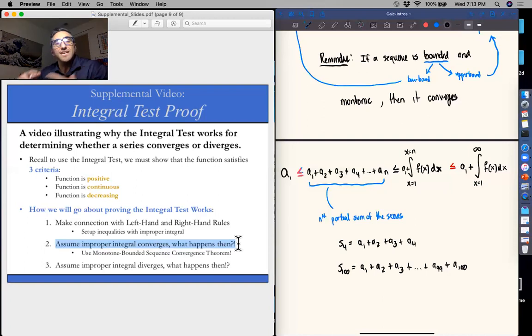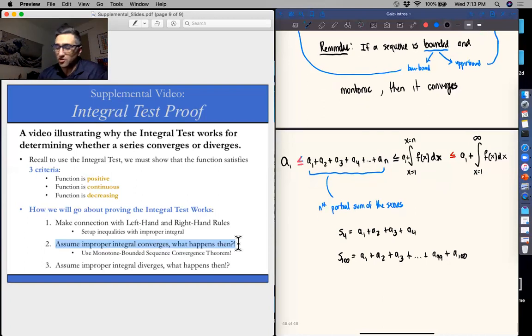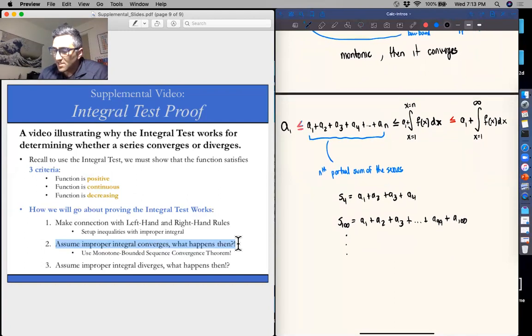And we could keep doing this for more and more higher partial sums. But what we just saw was that as we go for Sn and take the limit as n goes to infinity, it's still going to be less than or equal to a1 plus the integral from x equals 1 to n, and again we're taking that limit as n goes to infinity of that improper integral.